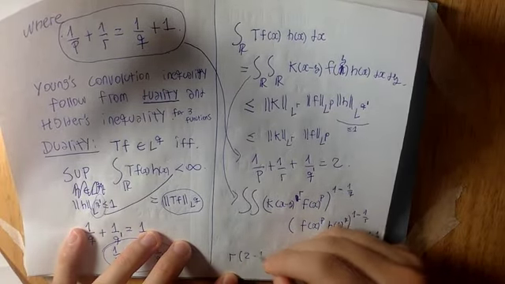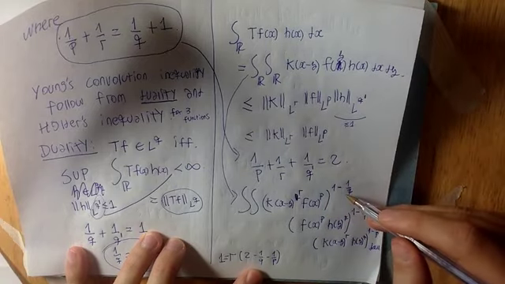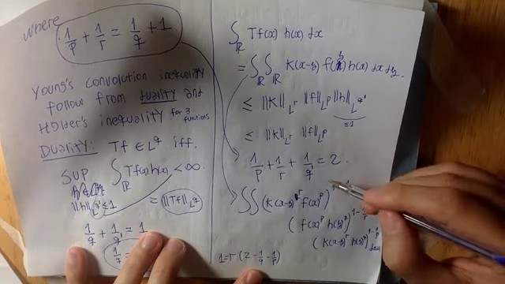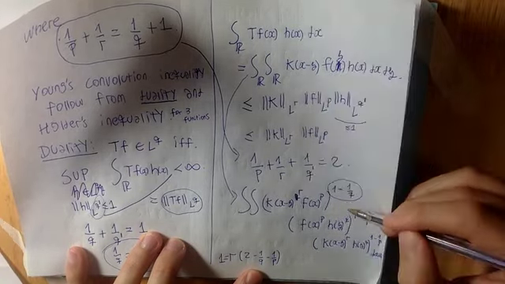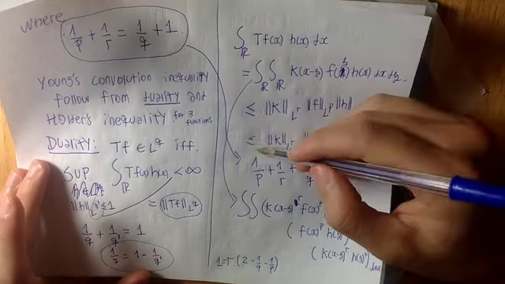You can do this for the other exponents as well, and then you can just apply Hölder's inequality with exponents 1 minus 1 over q, 1 minus 1 over r, 1 minus 1 over p, which all sum up to 1 because of this condition here.